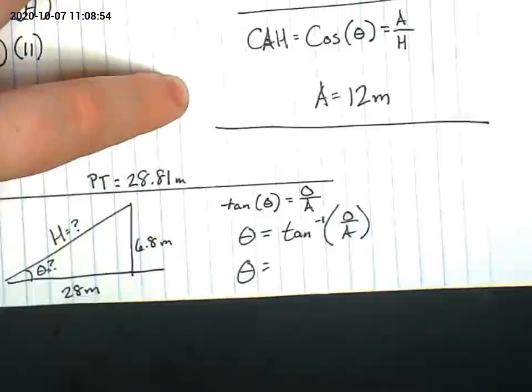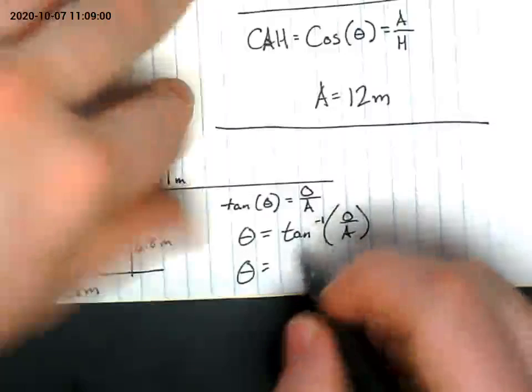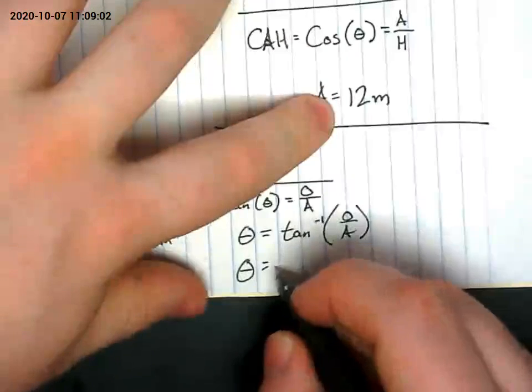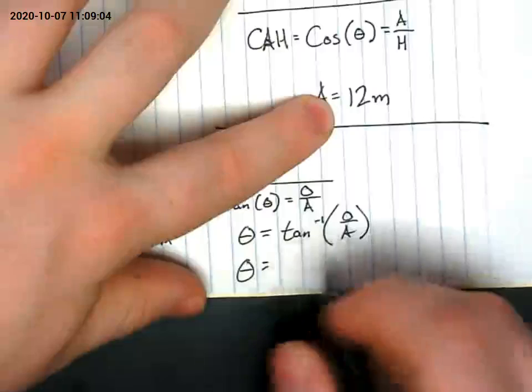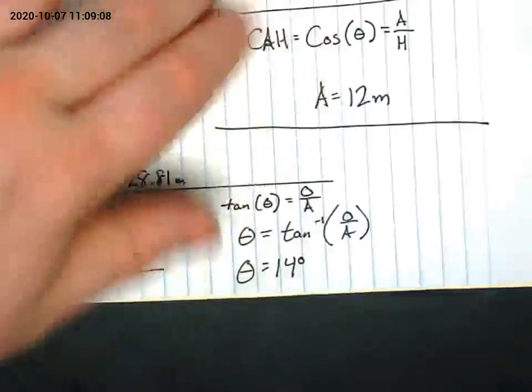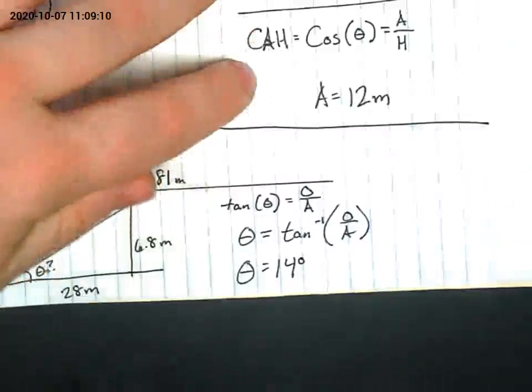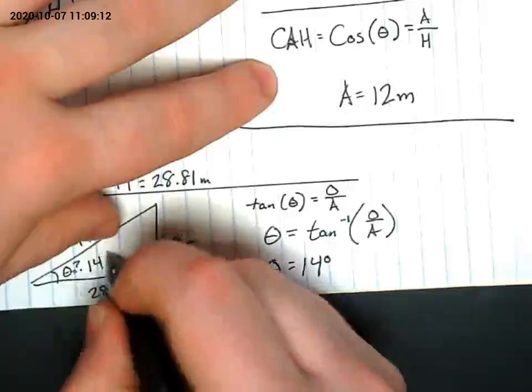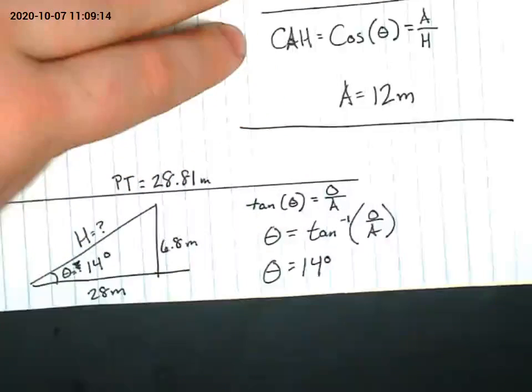Inverse tangent of 6.8 divided by 28, and for our theta here, keeping sig figs, we get 13.65, so that's going to be 14 degrees. Nice and easy, 14 degrees. So now that guy is 14 degrees.